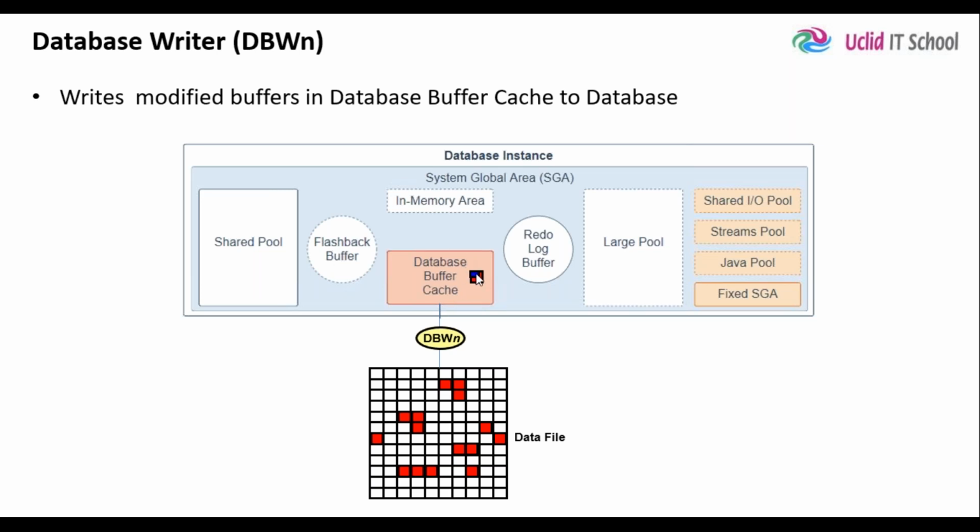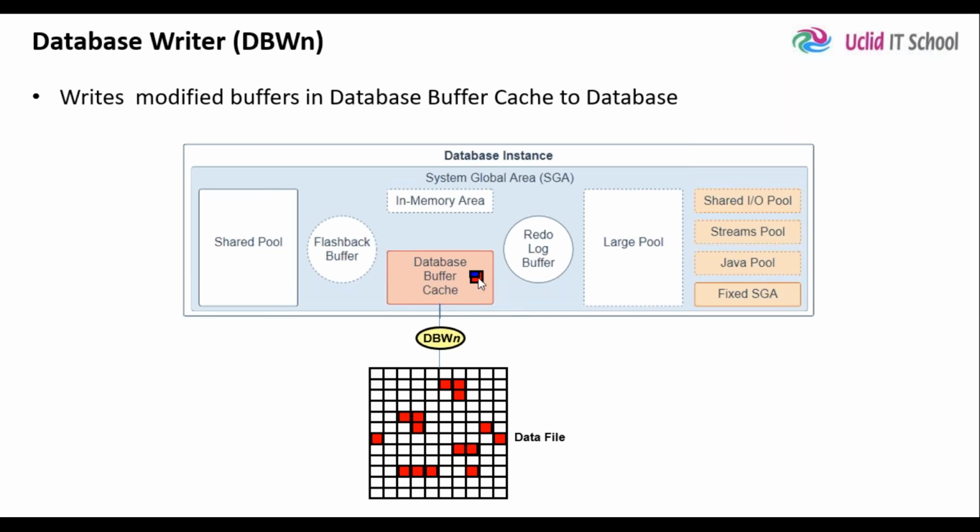All the changes are done inside the memory first, then written to the database, to optimize performance, because memory is faster. You can quickly process the data inside the memory. Disk is slow. So that's why Oracle reads the data into memory, changes the data inside the memory, and at a later stage writes these changes back to the database, which is on the disk.